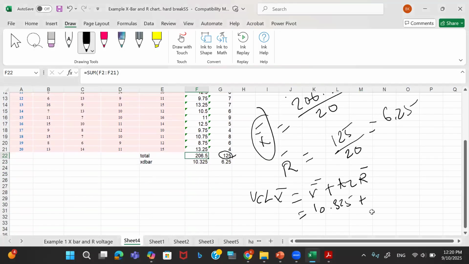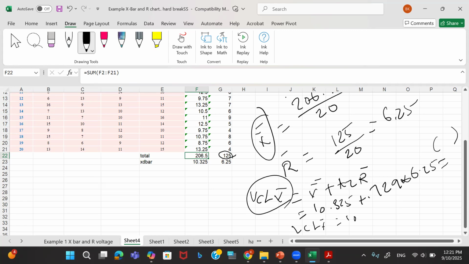I go back here and plug in 0.729 times 6.25, and then I find the upper control limit. You should find the final answer. The lower control limit for X bar is similar: 10.325 minus this value, minus 0.729 times 6.25, okay?